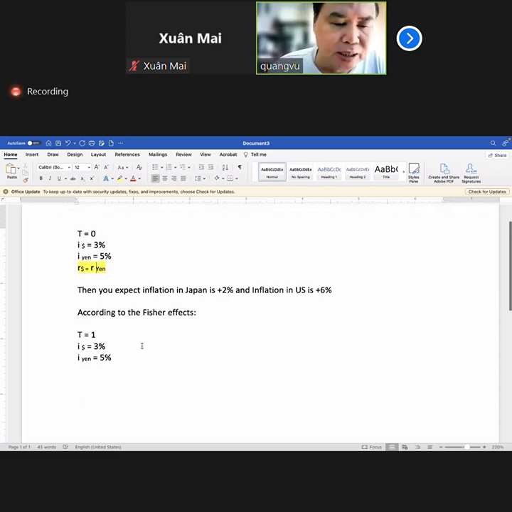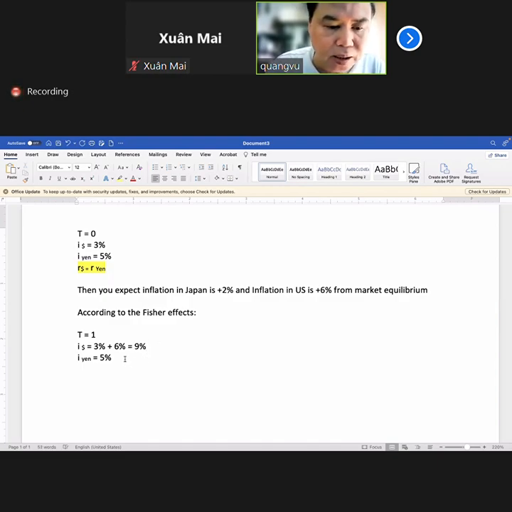Now, later at t=1, you expect inflation in Japan to go up by 2%, and in the United States to go up by 6%, from market equilibrium. And then according to the Fisher effect, we should expect the nominal rate in the United States to be 9%.